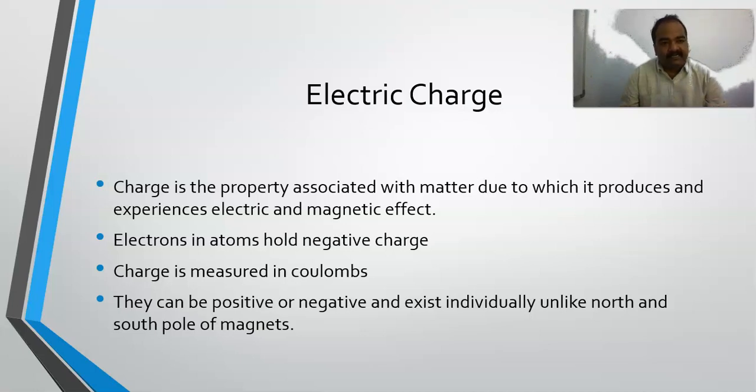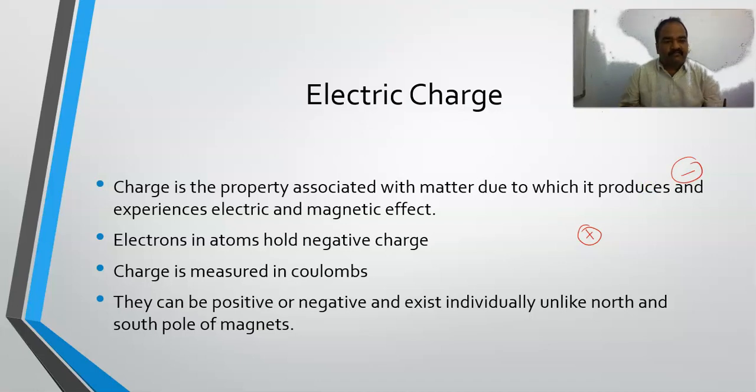But let us confine ourselves to only electric field in this class. We are more concerned about these charges right now. A charge is represented in this format. This is a positive charge and this is a negative charge.